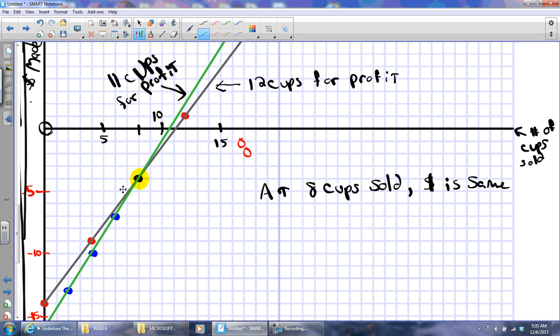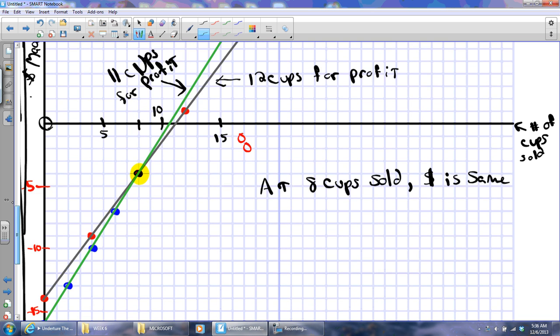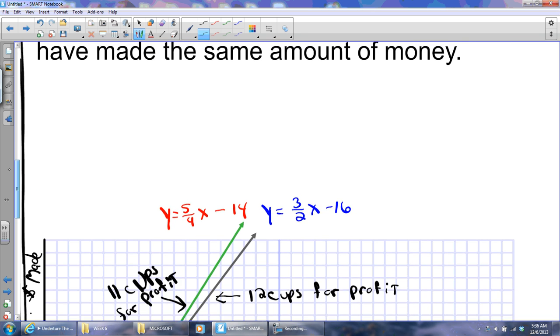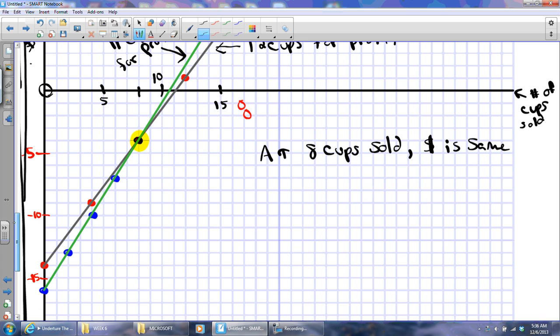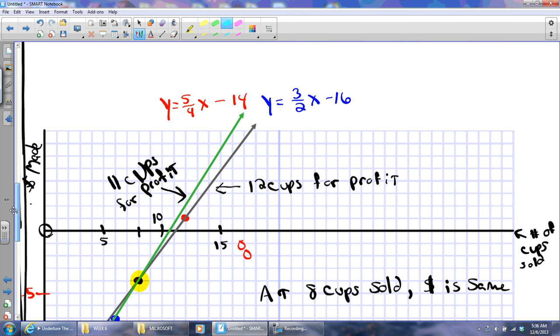Okay, now when is Heathcliff ahead and when is Sheila ahead? Well, let's see. The blue one is Heathcliff, so that's the green line. Okay, so I'm going to highlight in blue when the green one is making more money. And that would be all of this, wouldn't it? Whoa. Okay, let me see if I can thin that out a little bit.